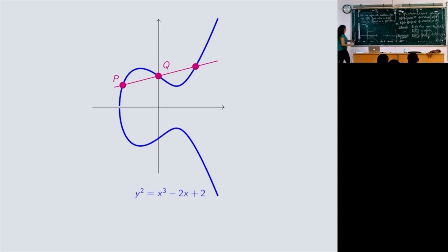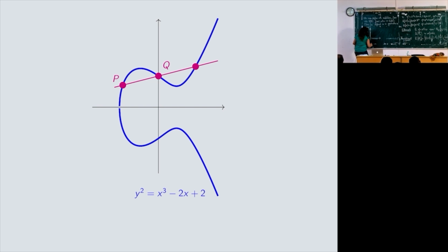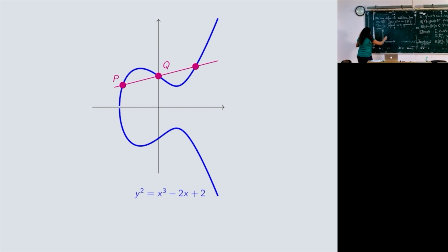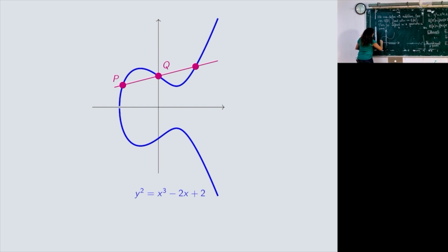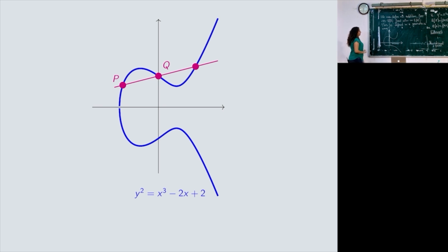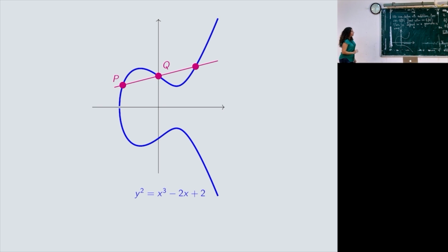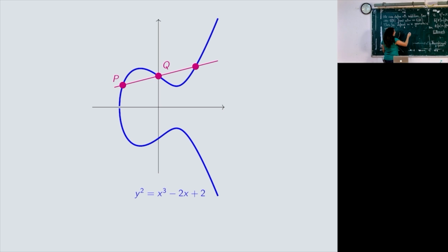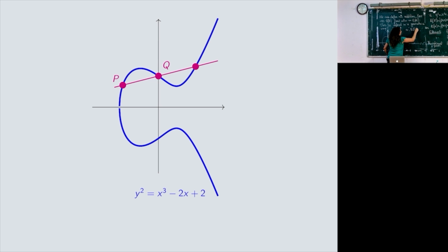Let me do this a little bit differently so that we can see better. Well, we have to define an addition law, so something that goes from the Cartesian product. So here it takes 2 points, basically, and returns another point.